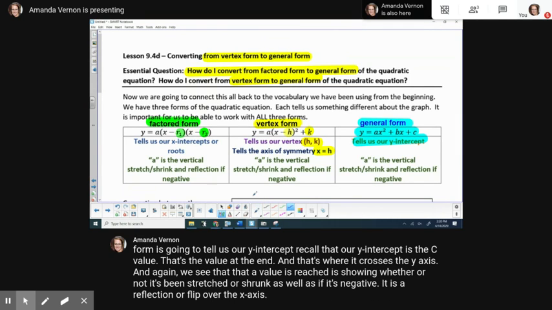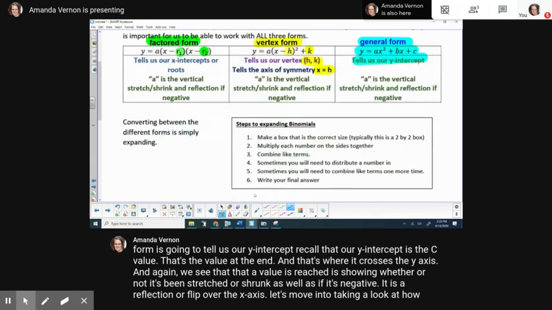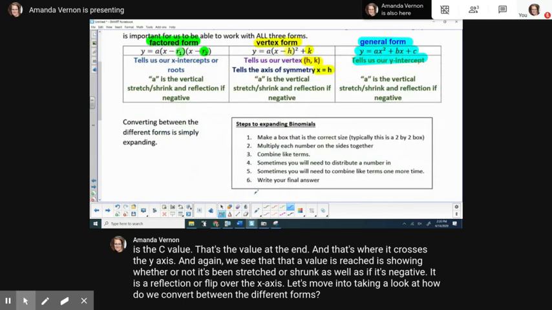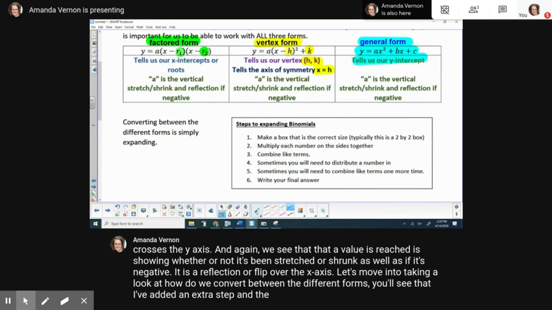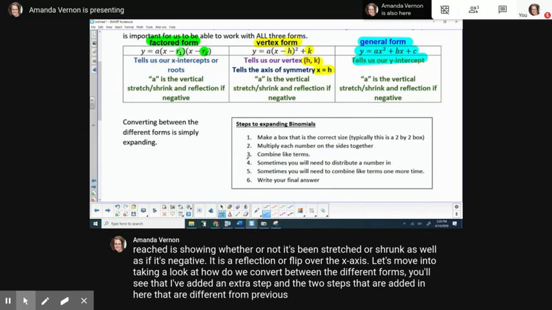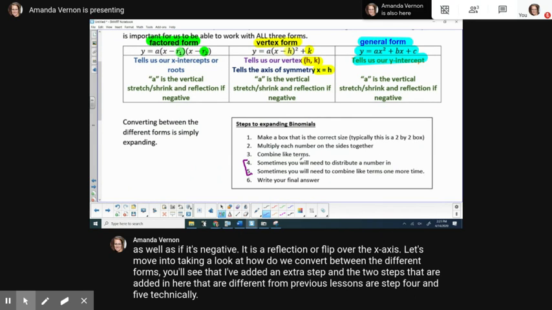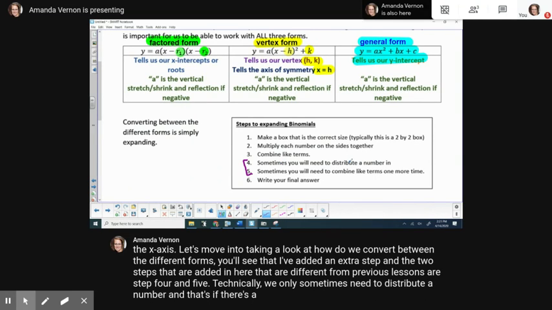Let's move into taking a look at how do we convert between the different forms. You'll see that I've added an extra step, and the two steps that are added in here that are different from previous lessons are step 4 and 5. Technically, we only sometimes need to distribute a number, and that's if there's a value in front in your problem.